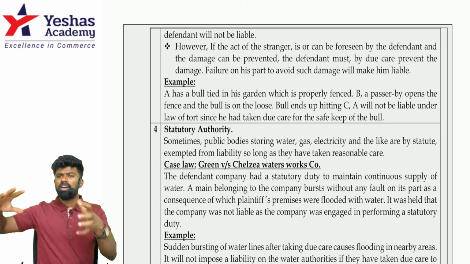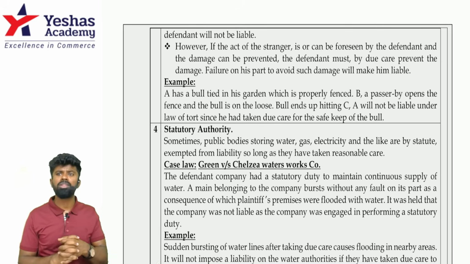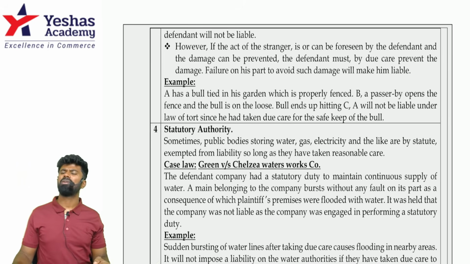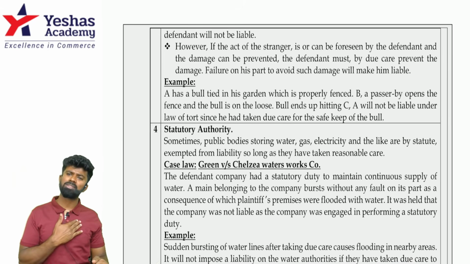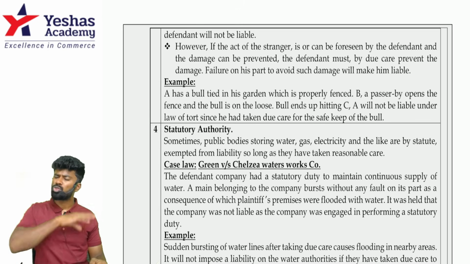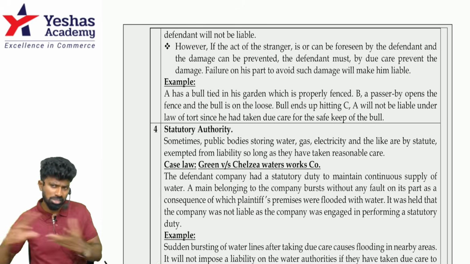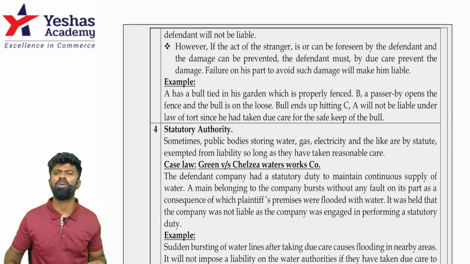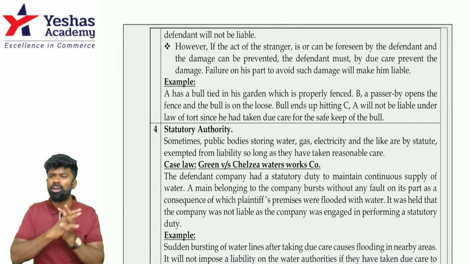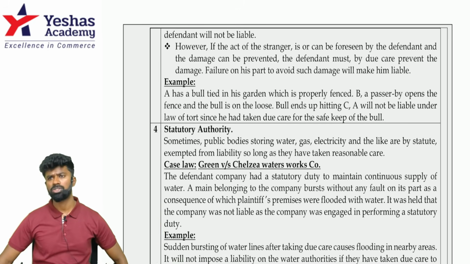I have built a reservoir in my land, in my properties, for the purpose of storing water. I have taken all the reasonable care. But in that particular year, so much rainfall happened, beyond the expectation of any reasonable man. Because of that, the reservoir got filled and burst, the floodgates opened and it destroyed the property of nearby places.